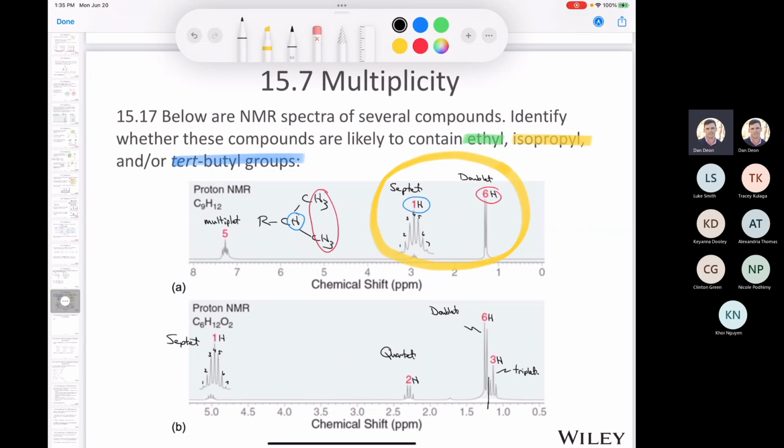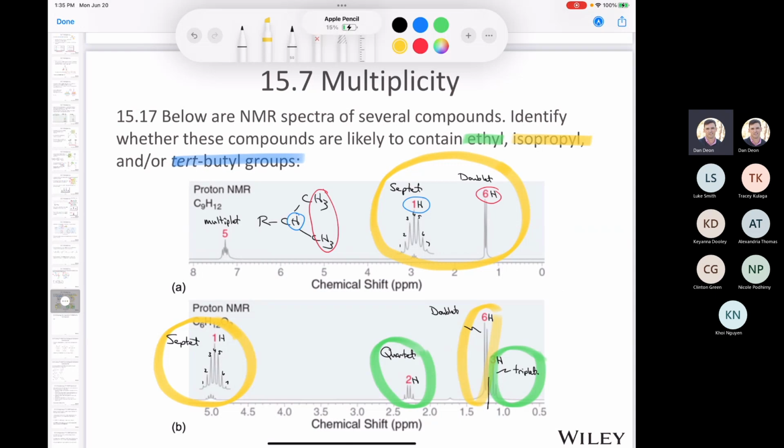I'd say we have an ethyl group. If you look at the quartet that integrates for 2, and then the triplet that integrates for 3, that would be an ethyl group. And if we look at the doublet that integrates for 6, and then the septet that integrates for 1, that would be an isopropyl group. And so we have an ethyl and an isopropyl group in our molecule in 15.17b.